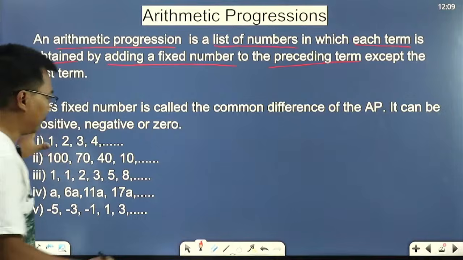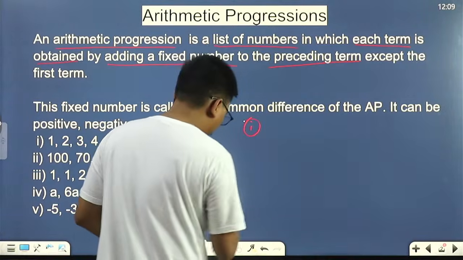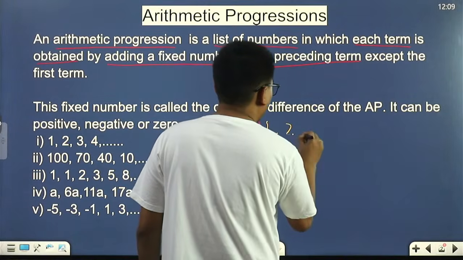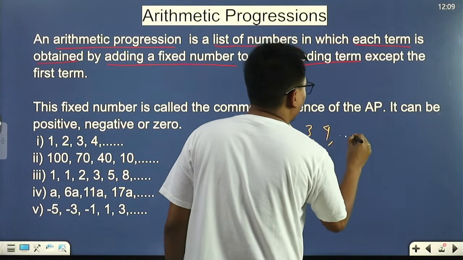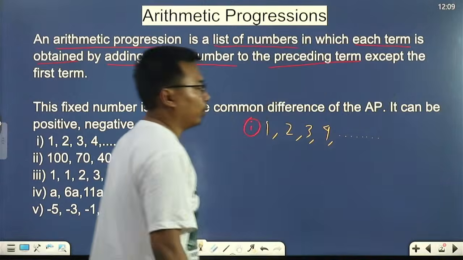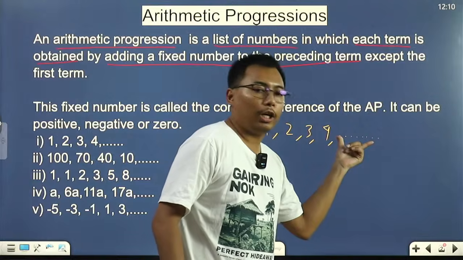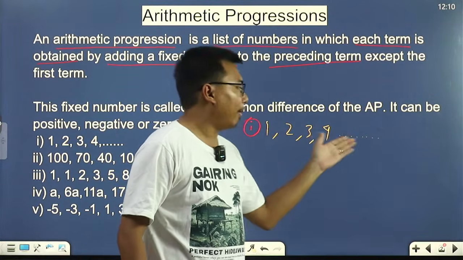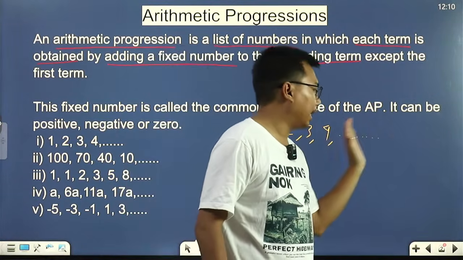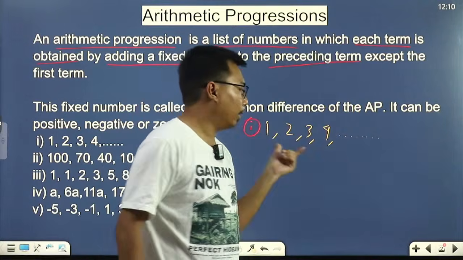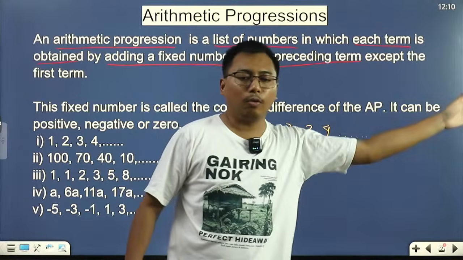Let's take our first example, Roman number 1: 1, 2, 3. This is the most basic of all to understand AP. What does this dot represent? It represents that the list continues: 1, 2, 3, 4, 5, 6, 7, and it goes on.